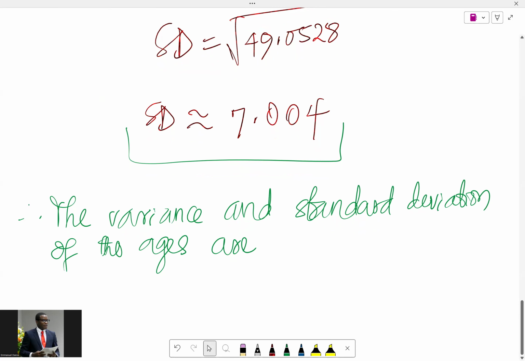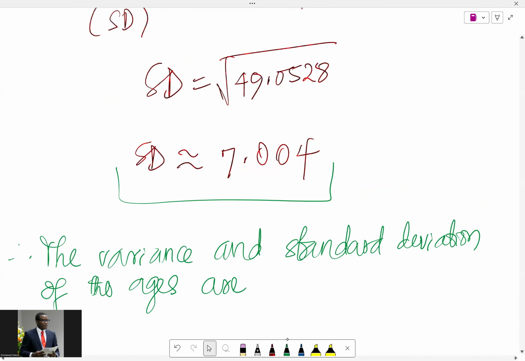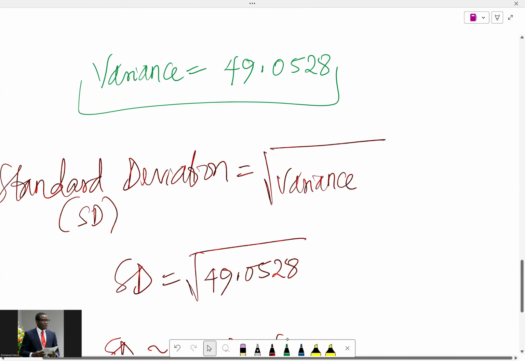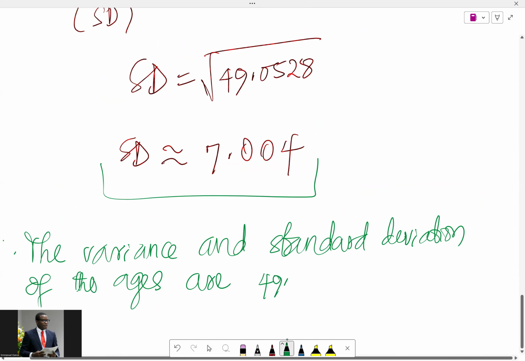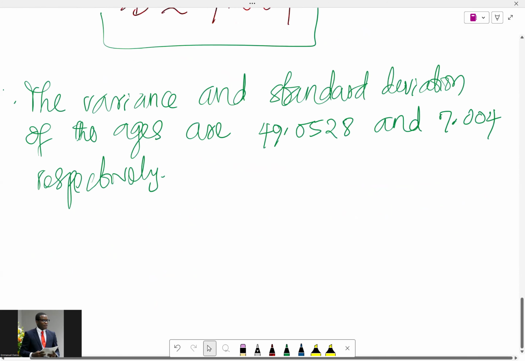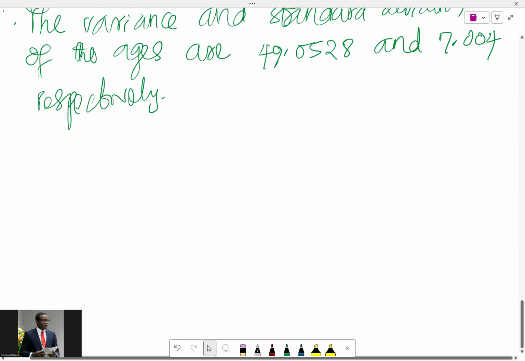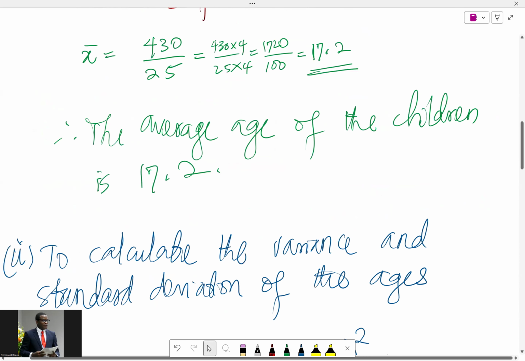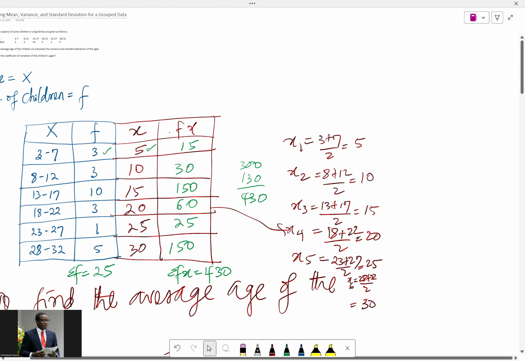So the variance and standard deviation of the ages are 49.0528 and 7.004 respectively. So the last thing, now another story to tell, for the B part, we need to find the coefficient of variation of the children's ages.